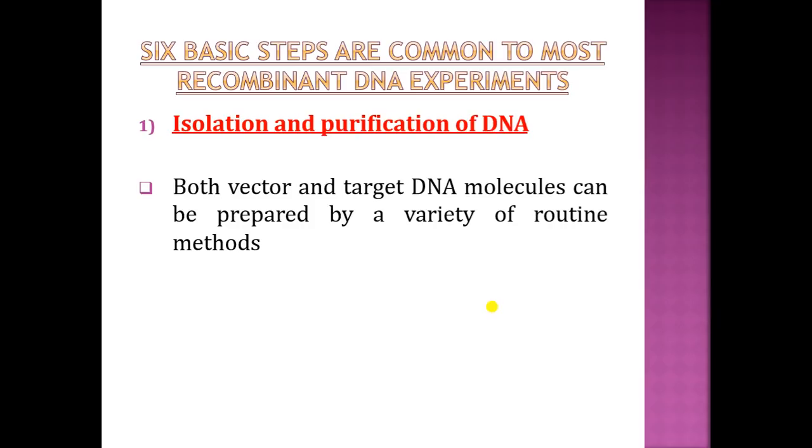The target DNA molecule can be prepared by a variety of methods, like synthetic DNA, synthesis of complementary DNA, or we get that DNA directly from a gene library, and accordingly we get suitable vectors isolated from bacteria for recombinant DNA technology.